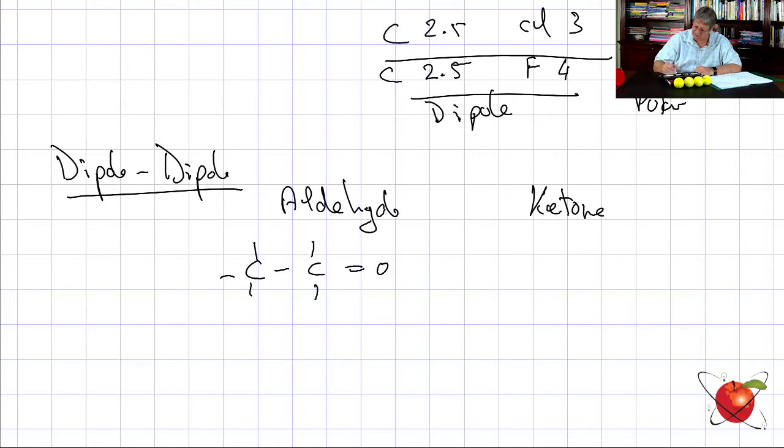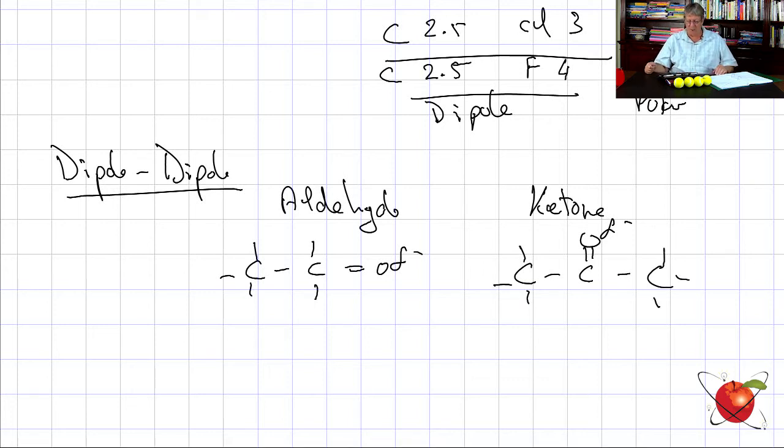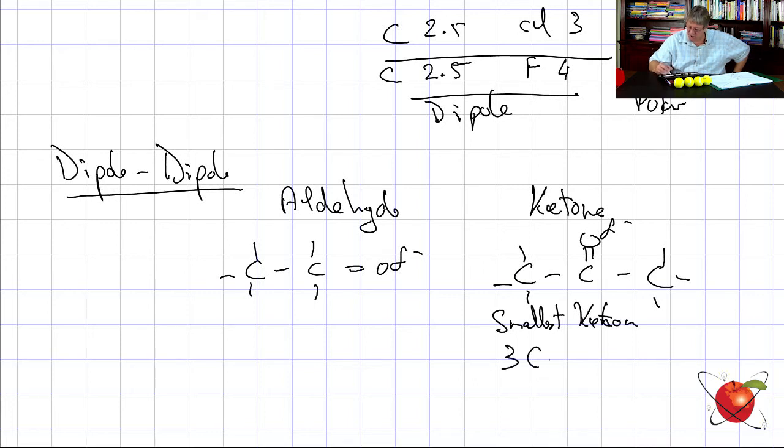What that means is if it's an O, it's negative. Remember, a ketone has a double bond O in the middle. So the smallest ketone has 3 carbon atoms joined to it.